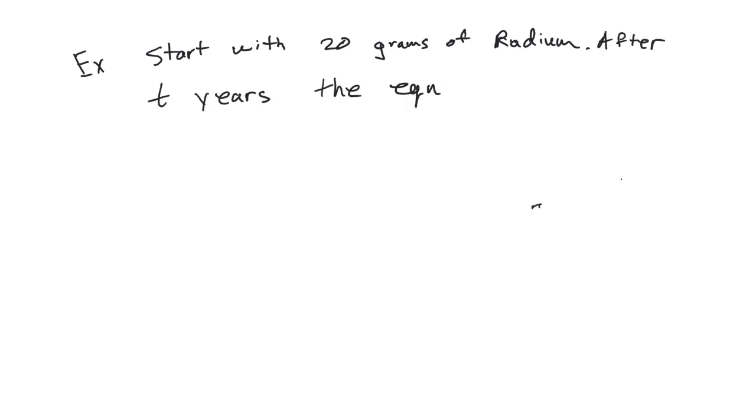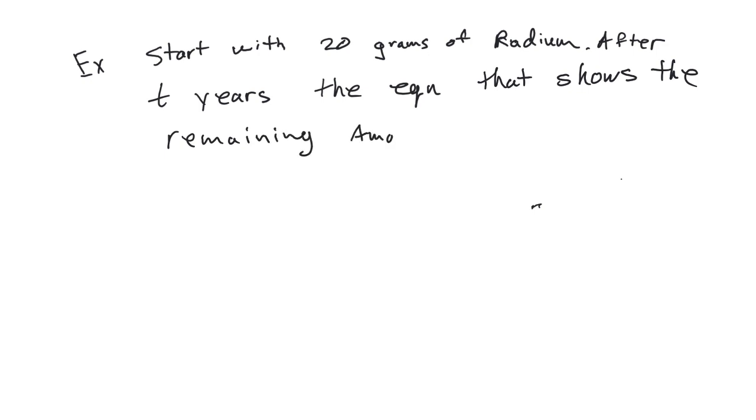So after T years, the equation that shows the remaining amount is A of T is equal to A naught e to the negative 0.000418 T.